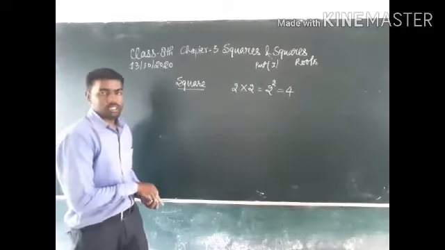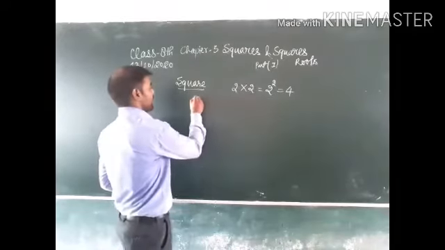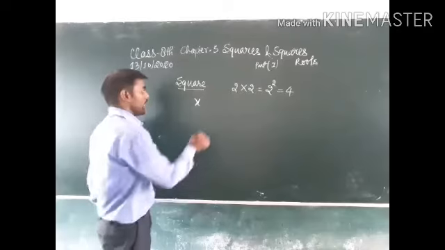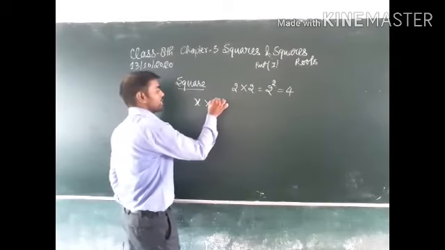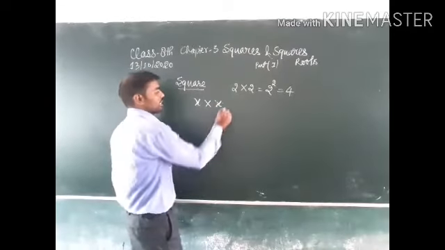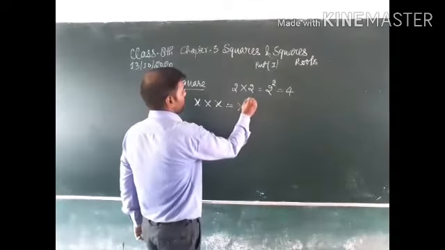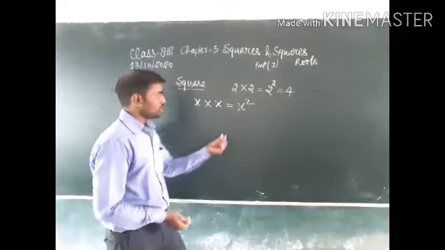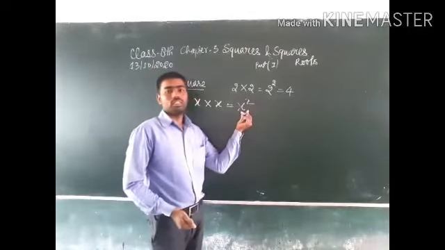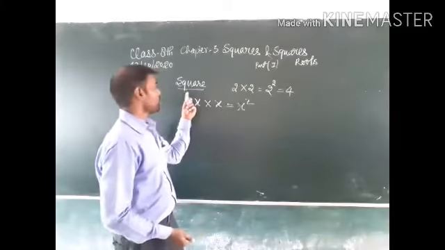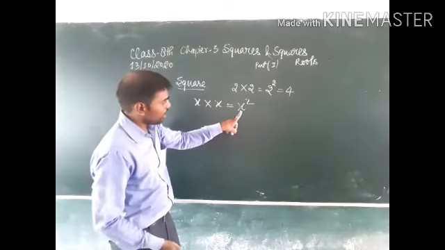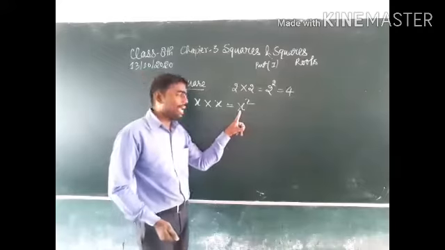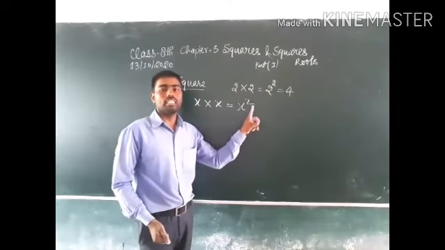In general form, let's take x as a number, and when x is multiplied with itself, that is x into x, we get x square. This is the denotation of square. It can be read as x square.